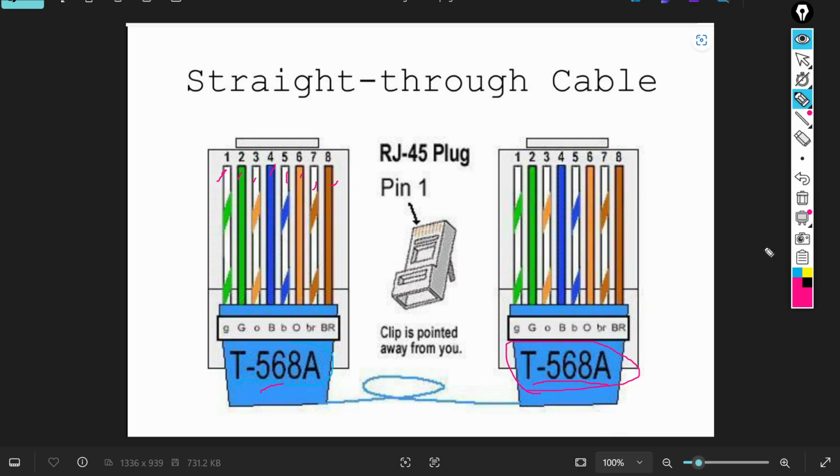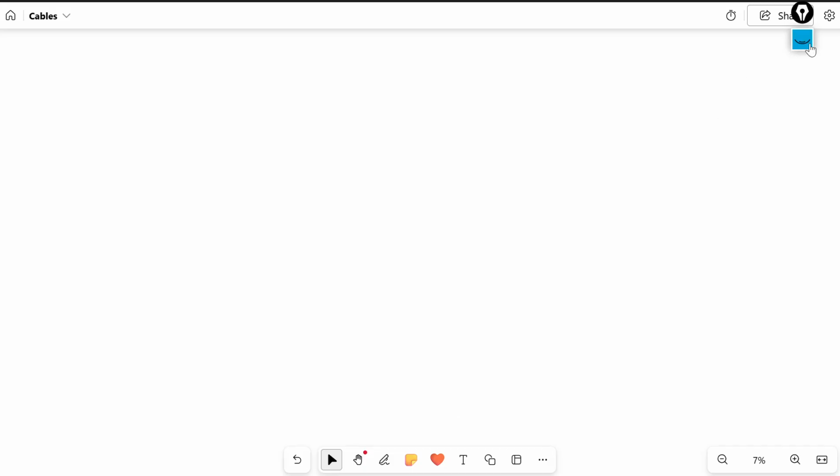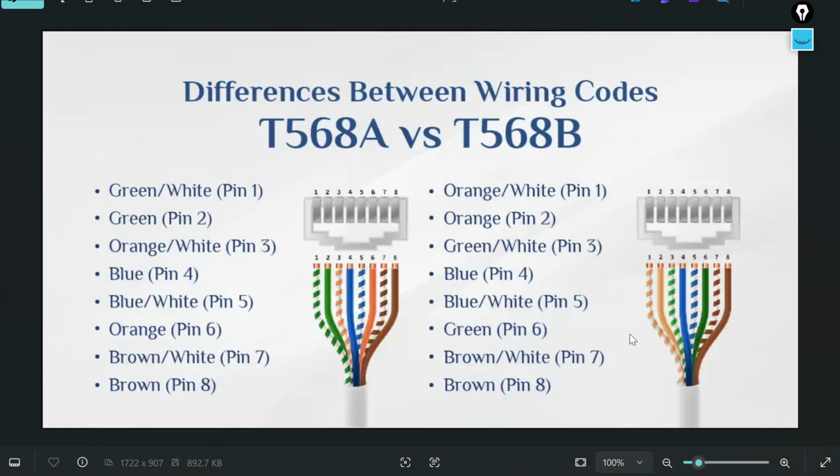In 568B, what is the color order? Yeah, see here.